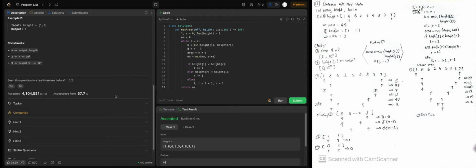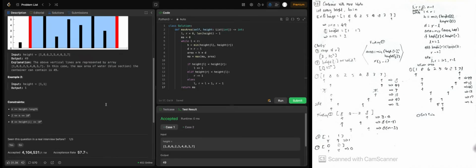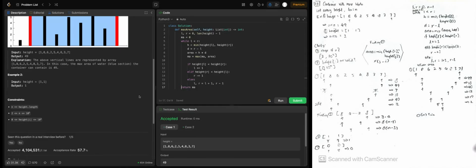I think there are not many test cases that we can think of. Oh, and I almost forgot again. The complexity here will be O(n), right?